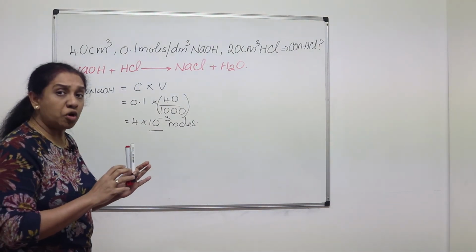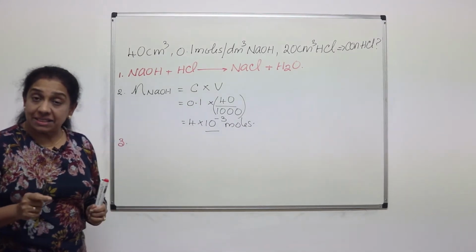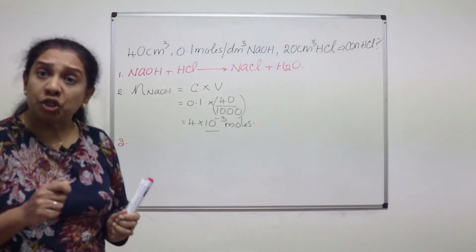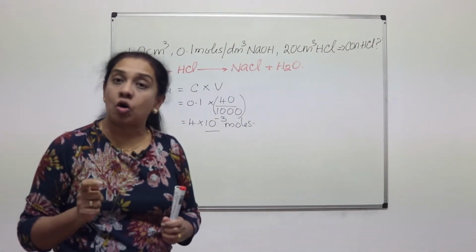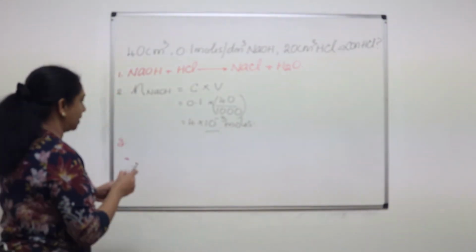Now we are going to move on to the third step. In the third step, we are going to look at the ratios of sodium hydroxide and hydrochloric acid according to the equation. Right, let's have a look, children.